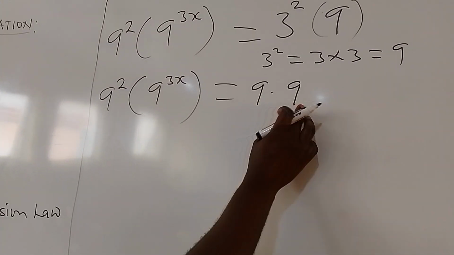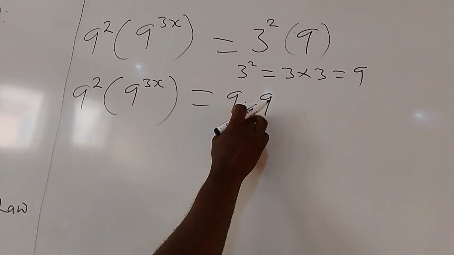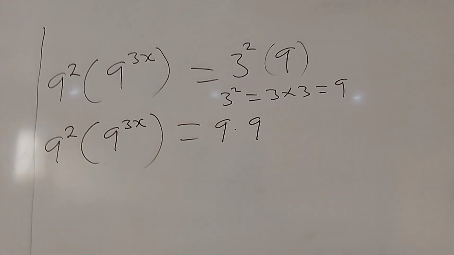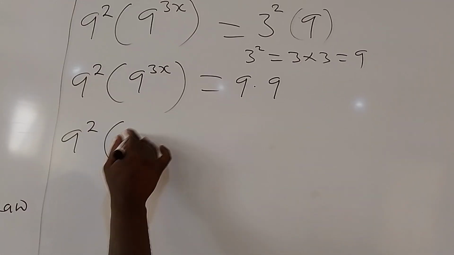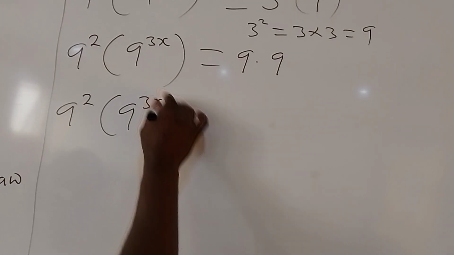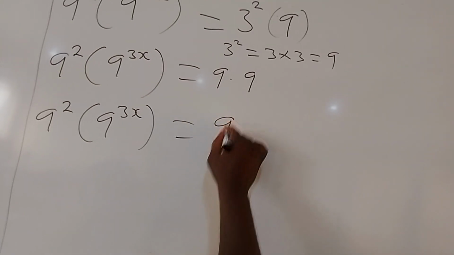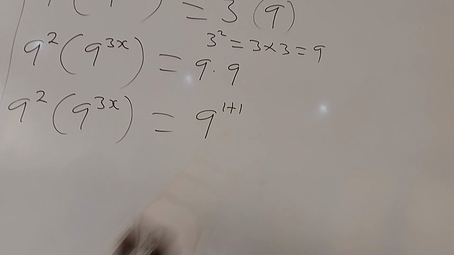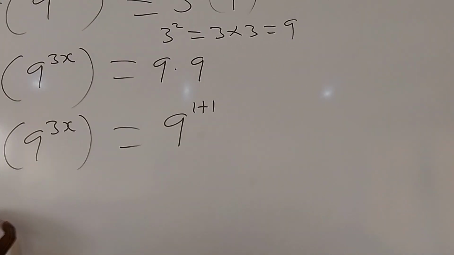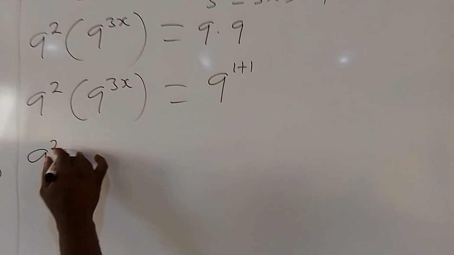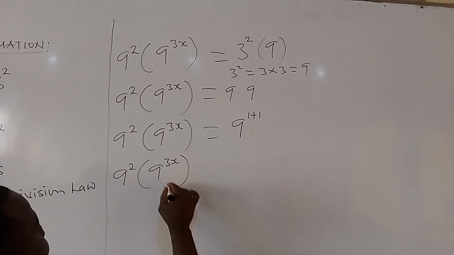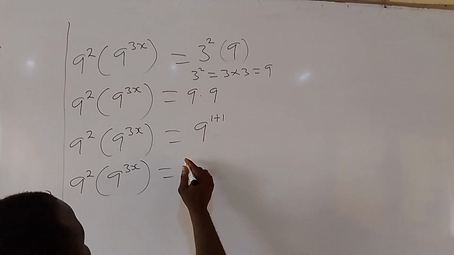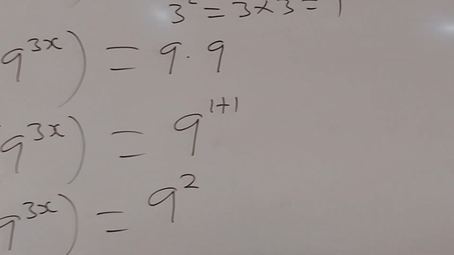So here, on the right side, we are going to apply the multiplication law. Since the bases are the same, the right-hand side will now be 9 raised to the power of 1 plus 1, true or false? So here we have 9 raised to the power 2, in brackets 9 raised to the power 3x, equals 9 raised to the power of 1 plus 1, which gives 2.